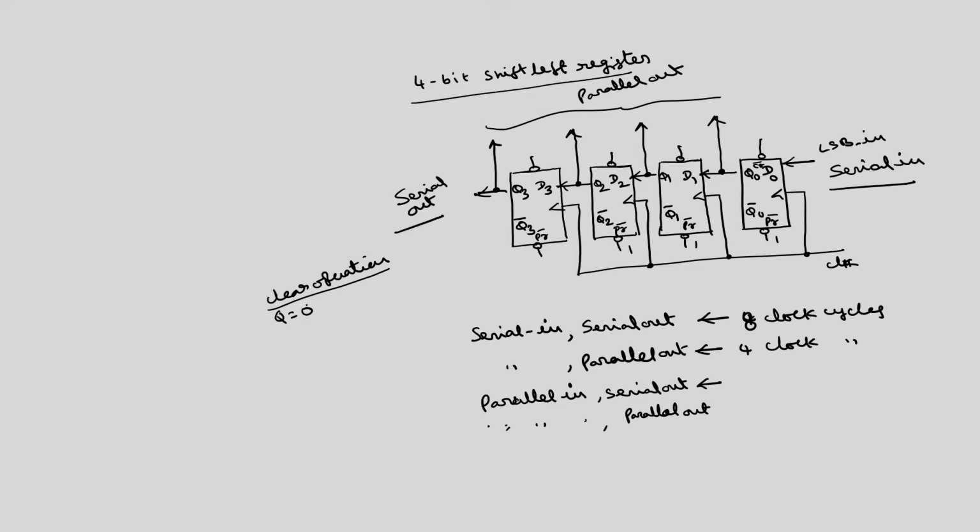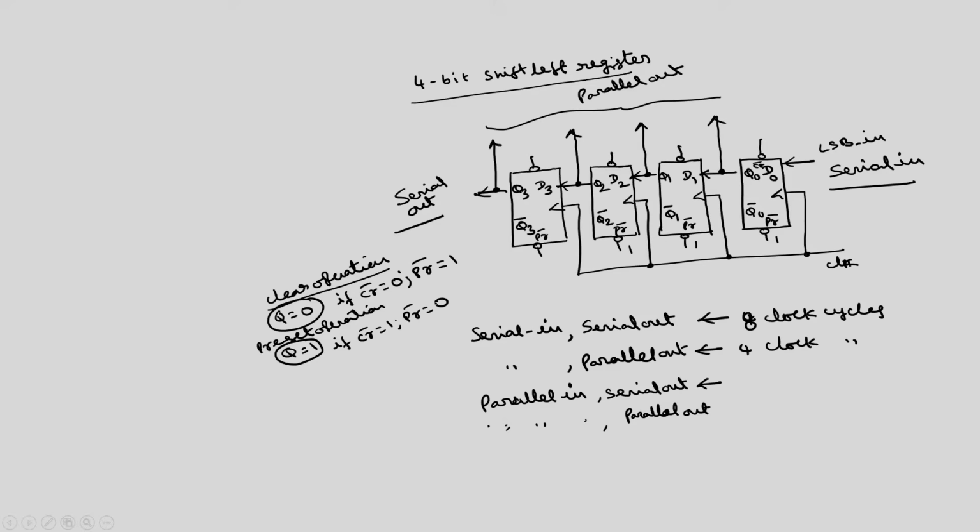This can be obtained if clear bar is equal to 0, preset bar is equal to 1, and the preset operation, q is equal to 1, if clear bar is equal to 1, preset bar is equal to 0.